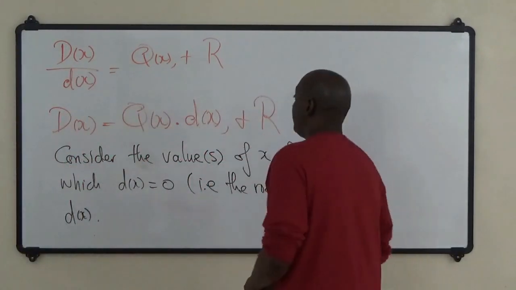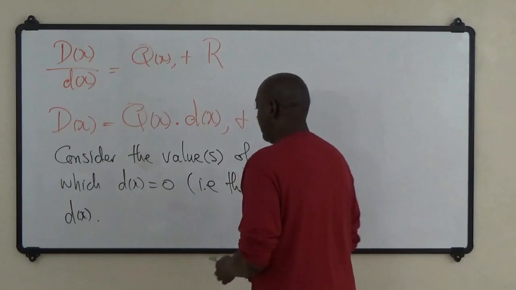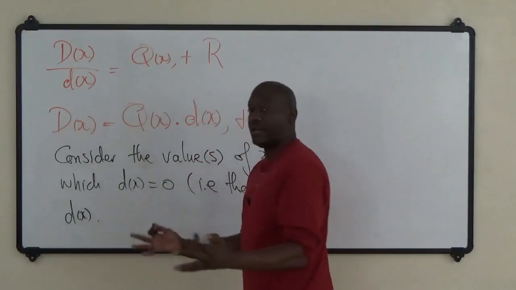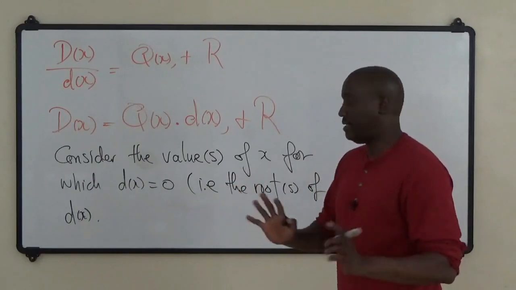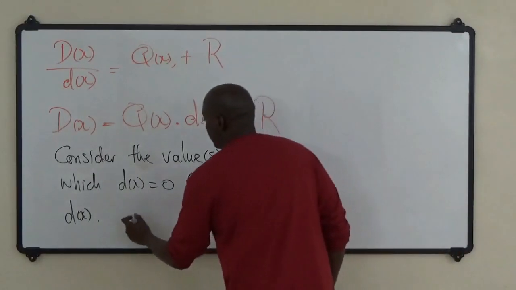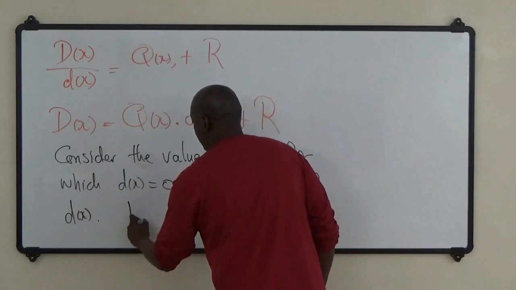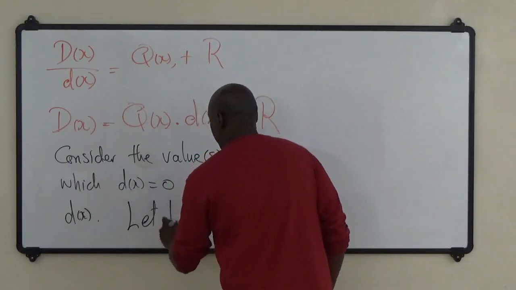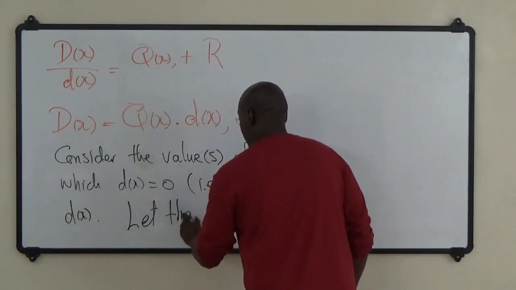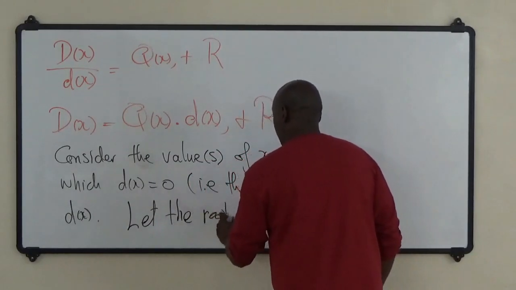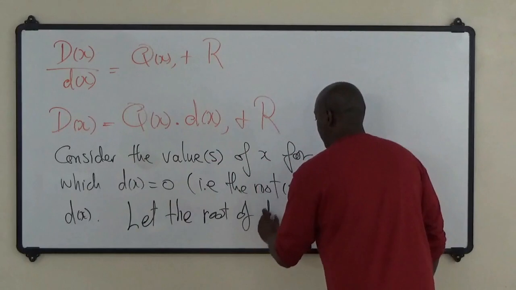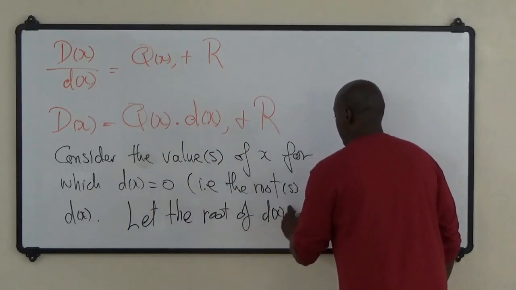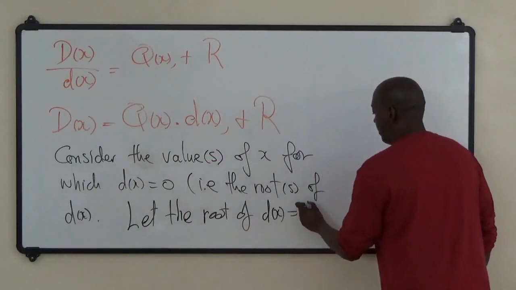So in other words, we can let that value, let the general value, now it could be more than one value, but for the sake of simplicity, we say let the root of d of x equal r.